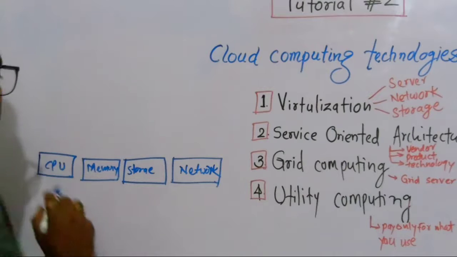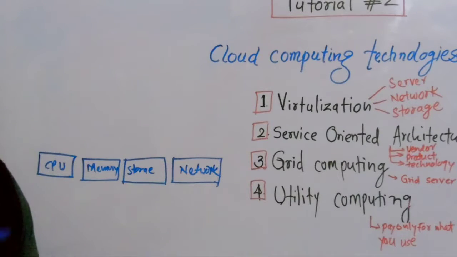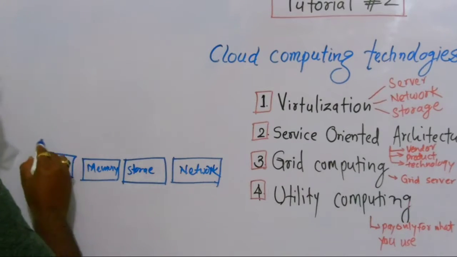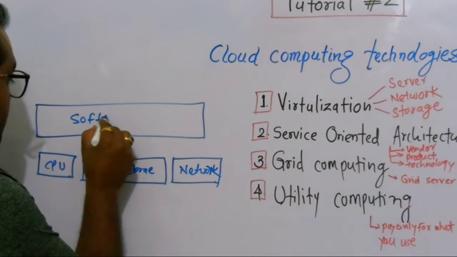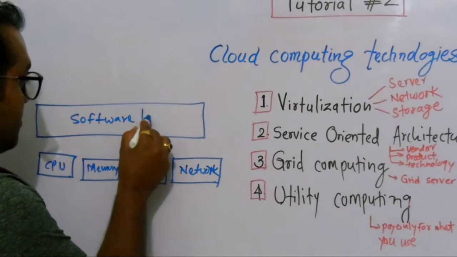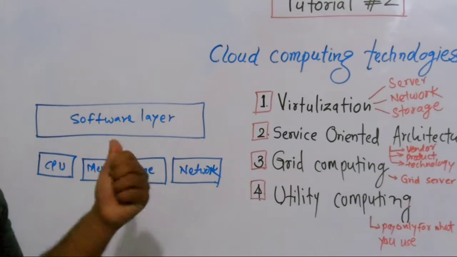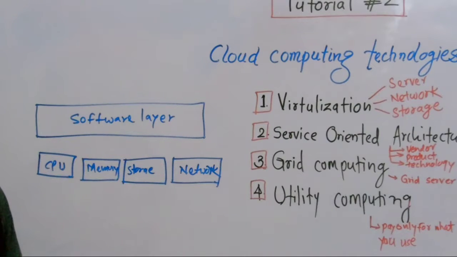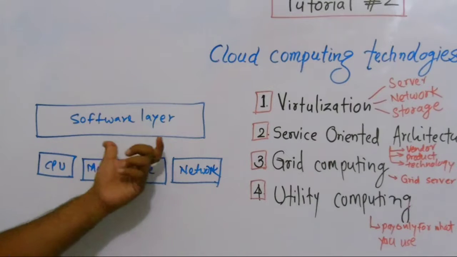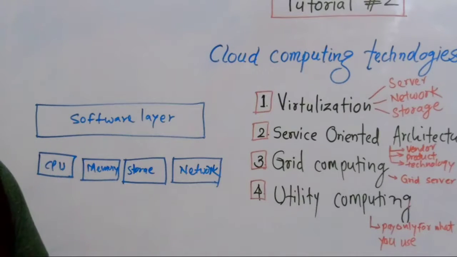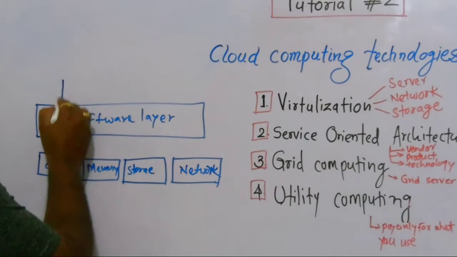These are the physical components of your server in the data center. Then you add one more layer, a software layer, which in cloud computing terminology we call the hypervisor layer. These physical resources talk to the software layer, and it gets shared across various operating systems which we call guest operating systems.